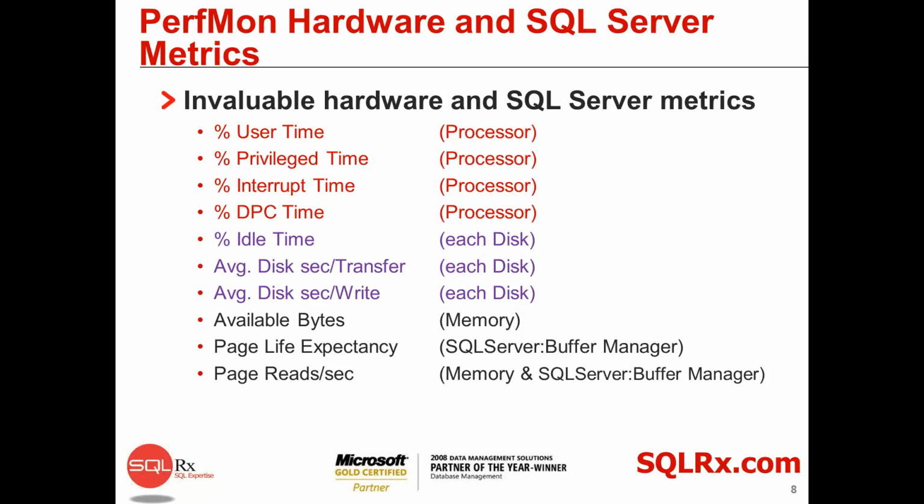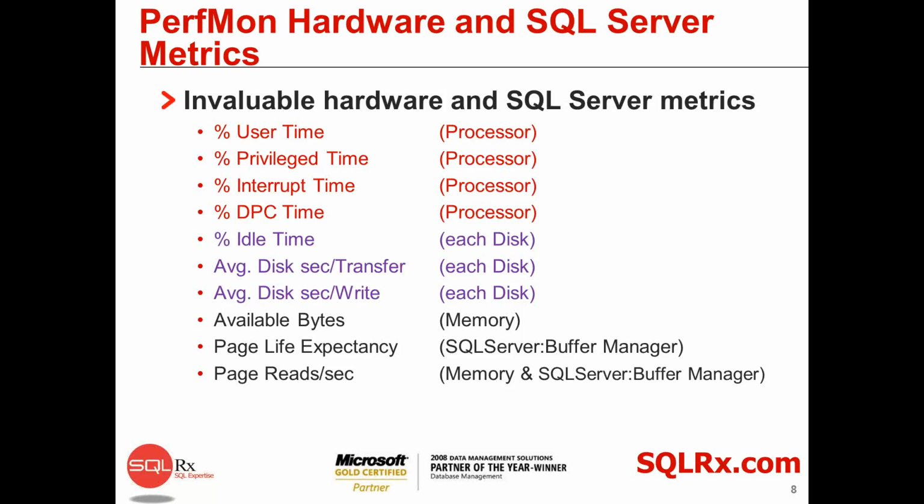So percent idle time, percent user time is how much time the system is spending on user work. Privilege time is processor overhead. Interrupt time and DPC time are involved in overhead handling for, say, disk IOs, network IOs, and software interrupts.